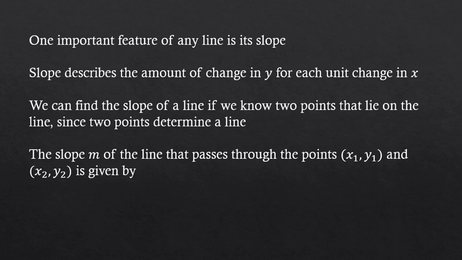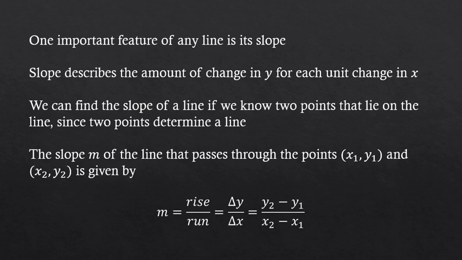The slope, which we usually symbolize by m, of the line that passes through the 2 points x1, y1, and x2, y2, is given by the following formula. Your slope, perhaps you've heard it stated as rise over run. It's also change in y over change in x. And using these x's and y's, it's y2 minus y1 divided by x2 minus x1.